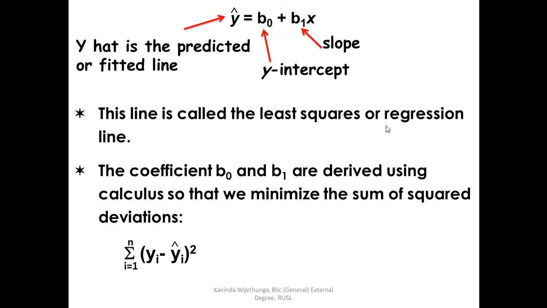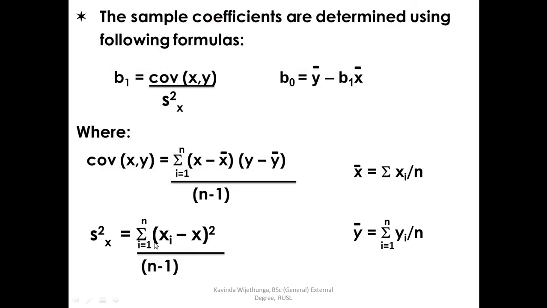These are the deviations, and we need to minimize the sum of squared deviations, because this is the actual value and this is the estimated value. If these two are equal, it means the deviations are very small. And these are the equations we need to find b1 and b0, right?